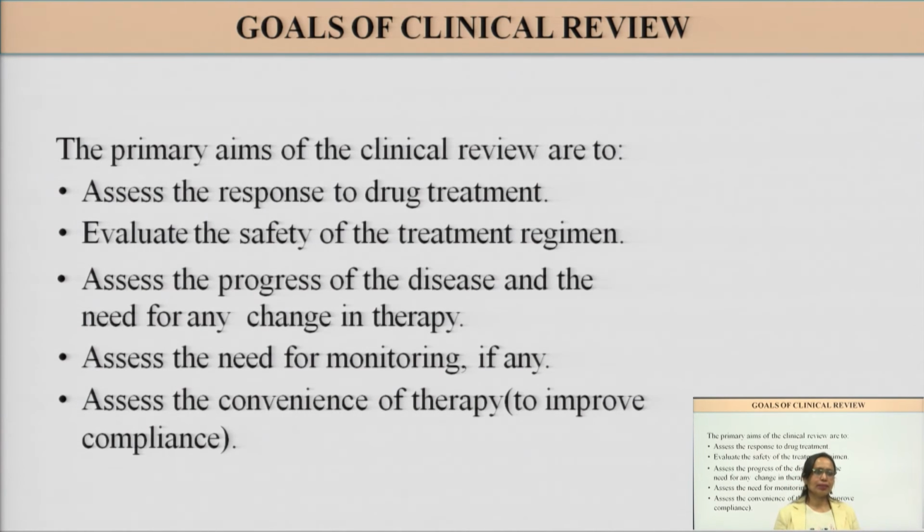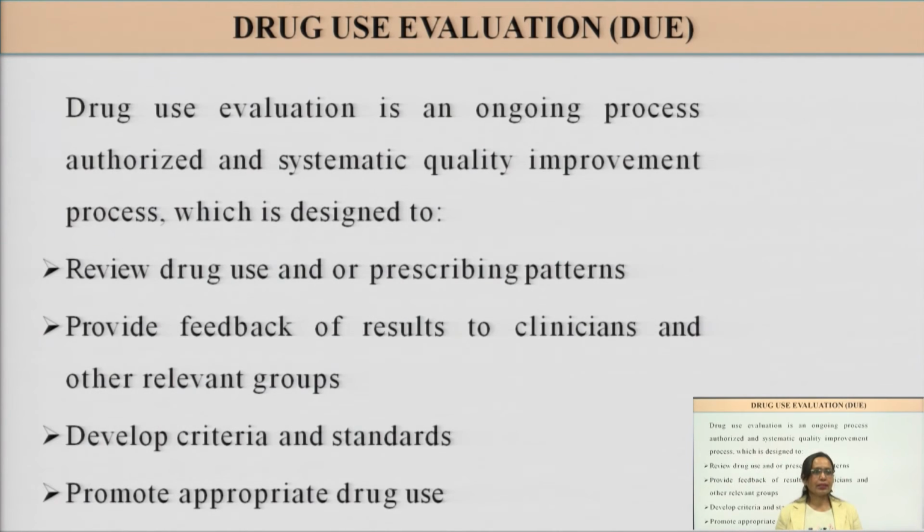If he or she is taking some medication for diabetes, like sulfonylureas, is there any need to add any other agent? If the disease is not properly controlled and is progressing, then we have to add insulin or the like. Then assess the need for monitoring, if any. Assess the convenience of therapy to improve compliance.